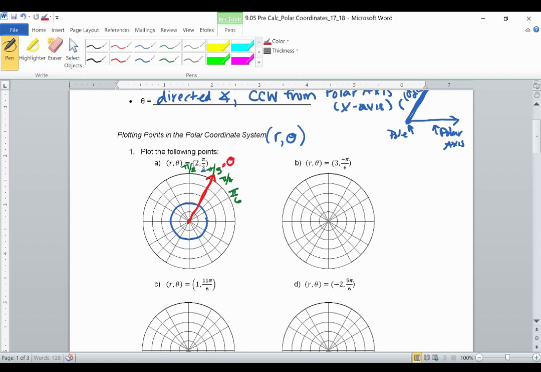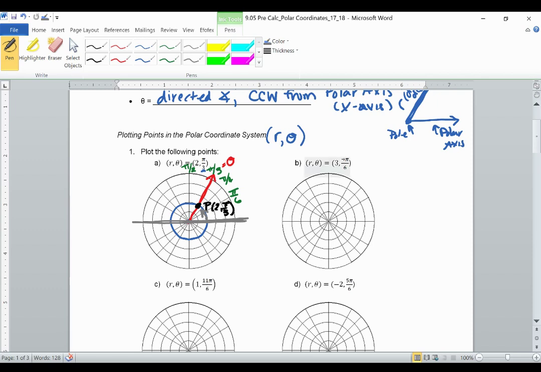Where they intersect, that is our point P, let's call it (2, pi over 3). So you've gone 2 units out, so 2 rings out, and you've gone from your polar axis, which is right here. That's like our x-axis. We've gone up pi over 3 from that. And that's it. That's how you plot the point.